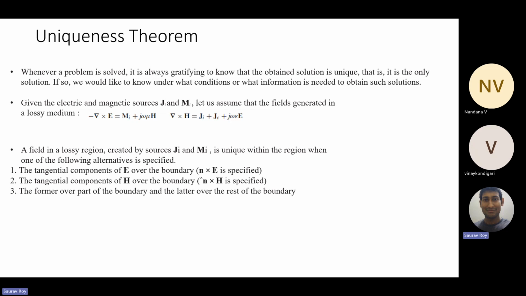Any one of these three has to be satisfied. So either you need the tangential component of the electric field over the whole boundary surface, or the tangential component of the magnetic field over the whole surface. Otherwise, you need the electric tangential component over some portion and the tangential component of the magnetic field over the rest of the boundary. If you know any one of these three, then you can uniquely get the electric or magnetic field solution in this lossy region.